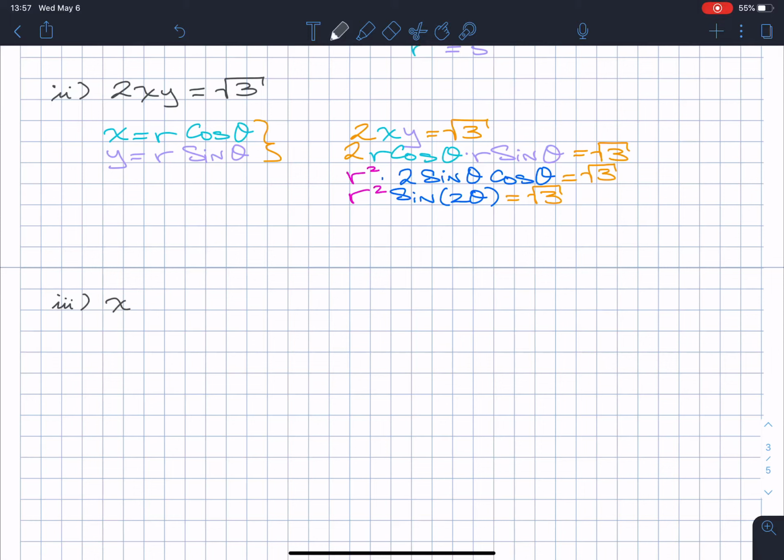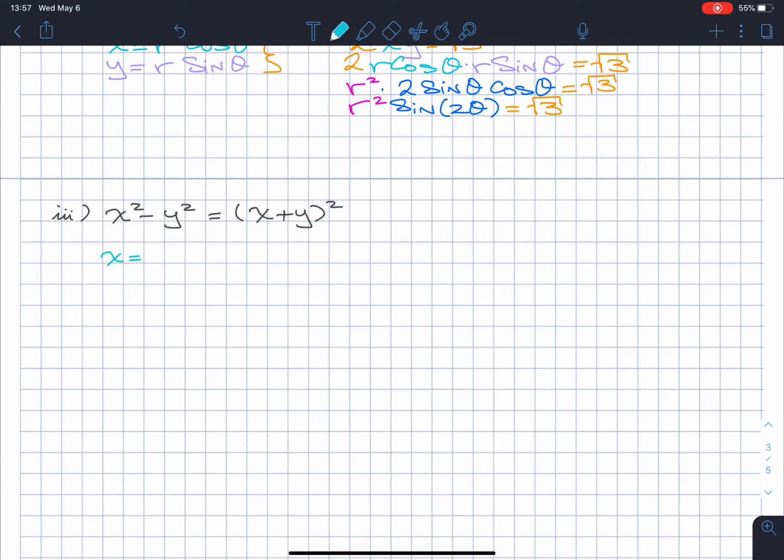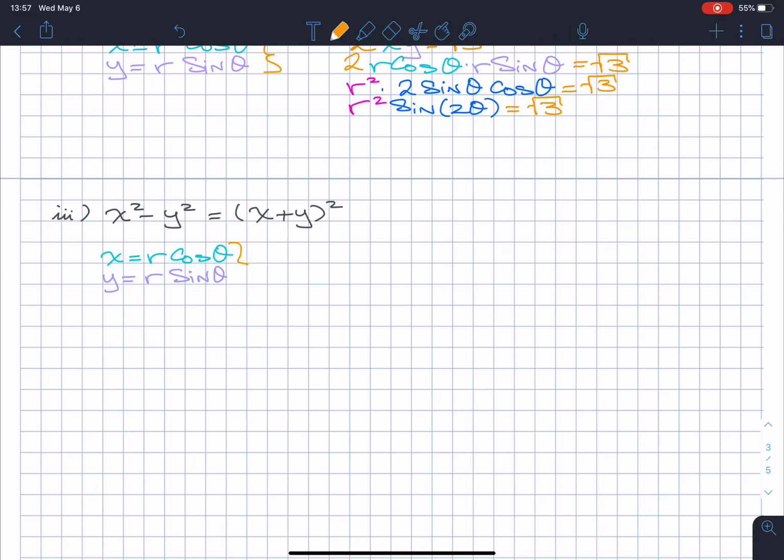Let's have x squared minus y squared is equal to the quantity x plus y squared and see what we get. Okay, so we know that x is r cosine theta, and we know that y is r sine theta. So let's go ahead and rewrite this whole equation. So we have x squared minus y squared is the quantity x plus y squared.